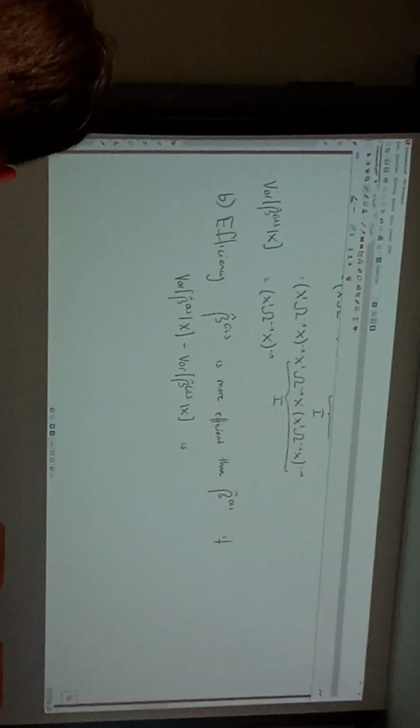The concept is that an estimator is more efficient if the difference between the variance covariance matrices, because beta here is always a vector, so the difference between the OLS variance covariance matrix and the GLS variance covariance matrix, is positive definite.